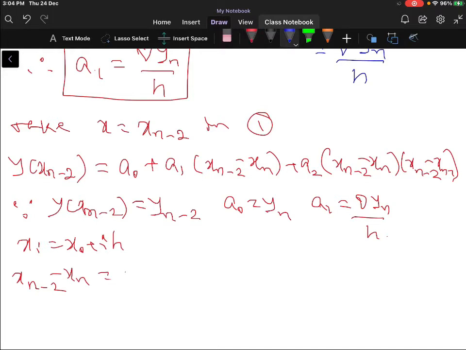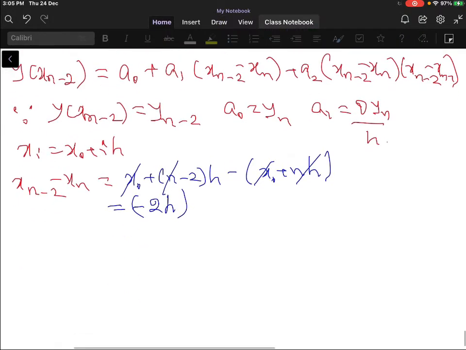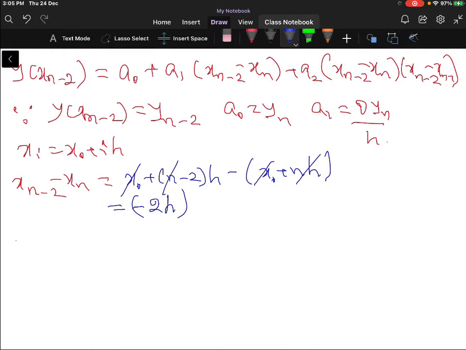Therefore xn minus 2 minus xn can be written as x naught plus (n minus 2) into h minus xn, which is x naught plus nh. x naught minus x naught cancels, nh minus nh cancels, so the rest is minus 2 into h.